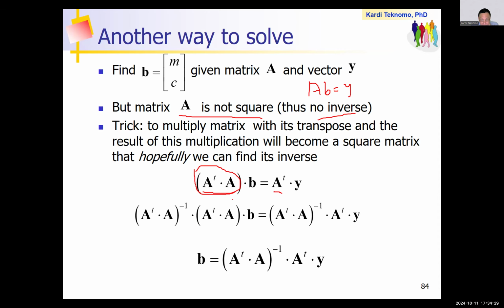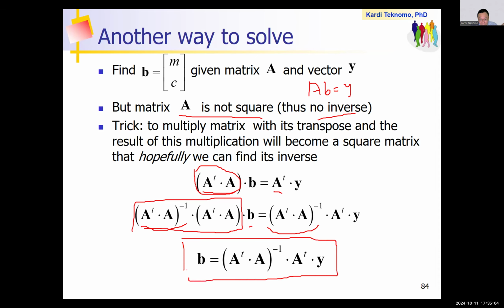Because it's a square matrix, we can multiply by its inverse. When we multiply by the inverse on the left-hand side, the right-hand side will multiply with the same thing. Suppose this inverse exists, then this part is actually the identity matrix, so B becomes equal to this value.